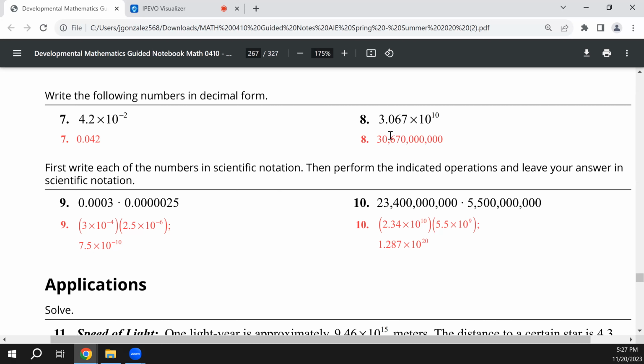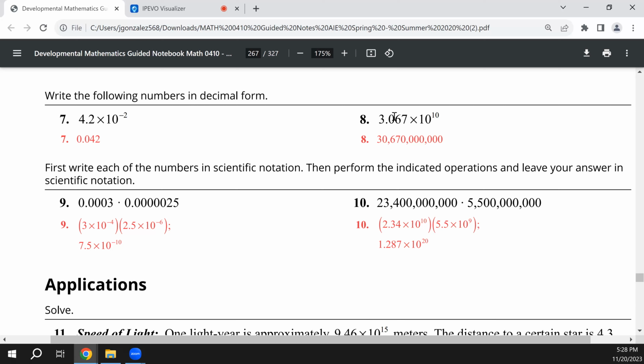On number 8, do you see which direction we're going to move the decimal? Which way do I go for positive? If you see the zeros going this way, bigger, you know it should be bigger, and we're going to the right. If you know it needs to get smaller, then it's going to go to the left.